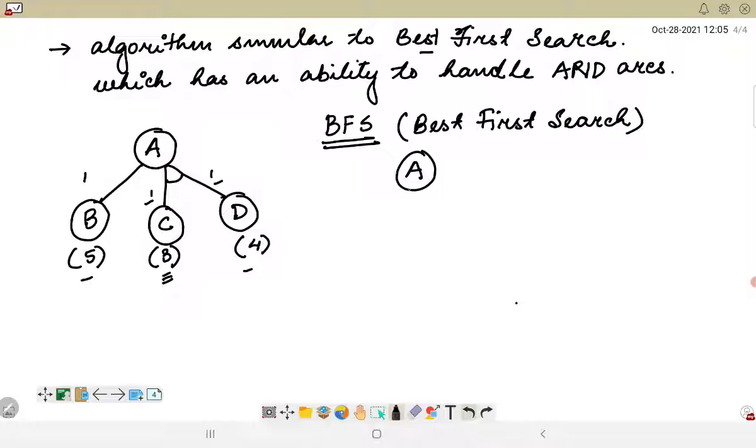So if I am considering expansion of this particular node based on the value of the successor nodes, which have 5, 3 and 4 respectively, the lowest value is 3.